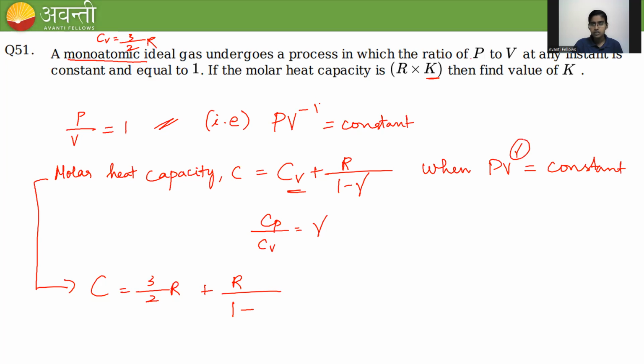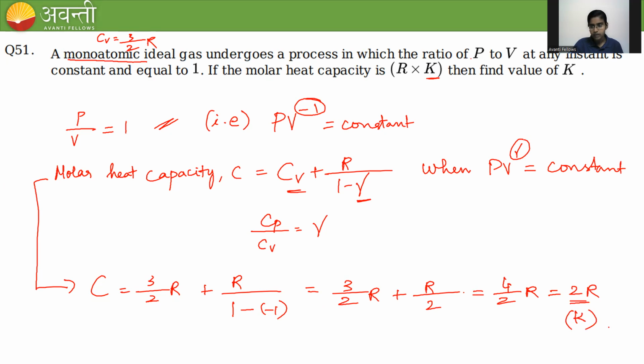The gamma value is minus 1, so substitute minus 1 in place of gamma and we will have 3 by 2 R plus R by 1 plus 1, so it will be 2. Now here it is 4 by 2 R, which is equal to 2R. Now this 2 is the value of K. Value of K is 2. So that is the answer for this question.